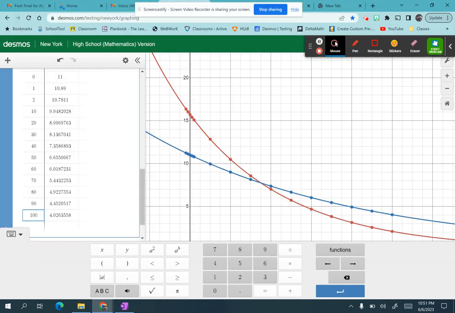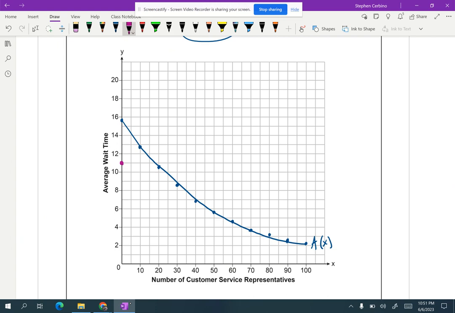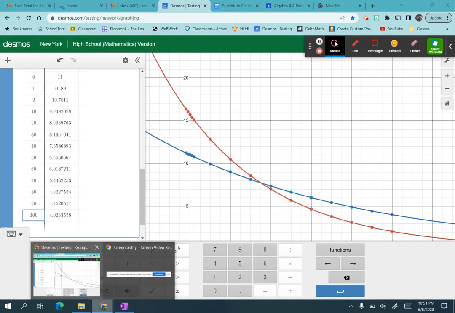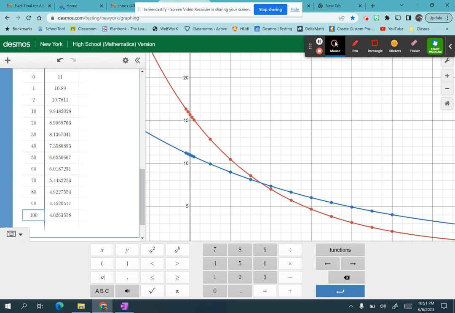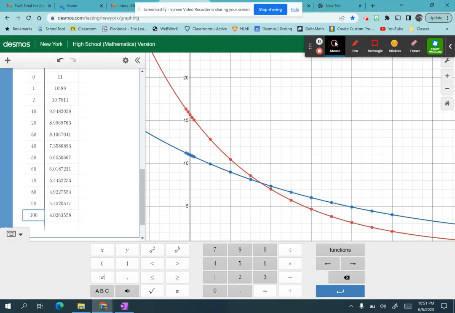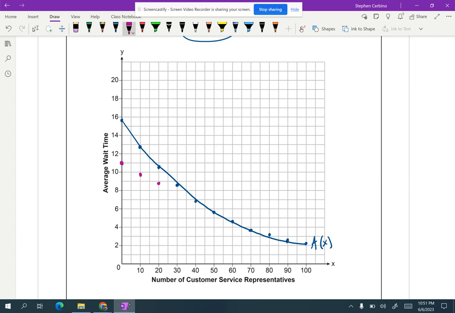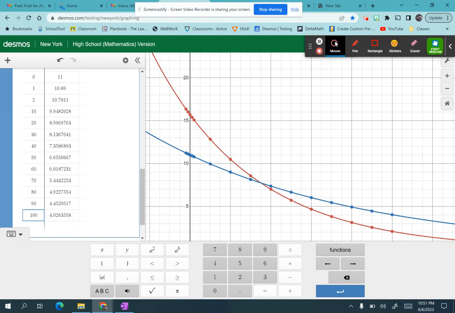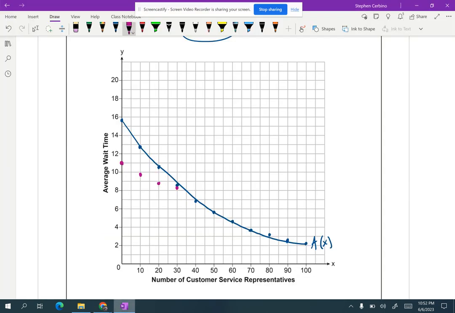At 10, we're at 9.9, so almost 10. At 20, we're at almost 9. At 30, we're a little bit more than 8. At 40, we're a little bit more than 7.